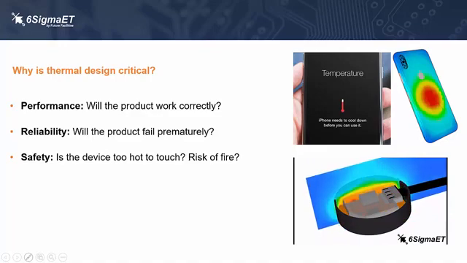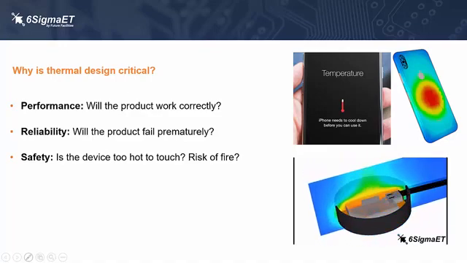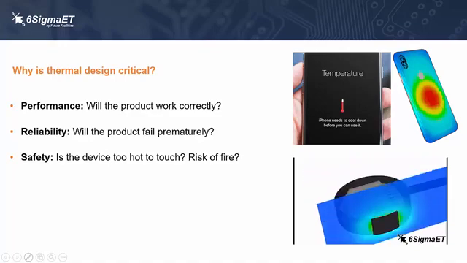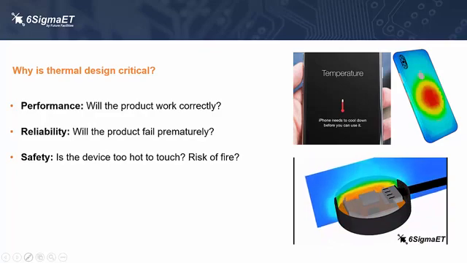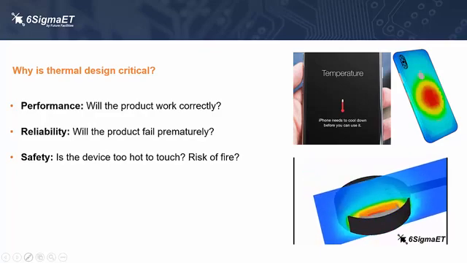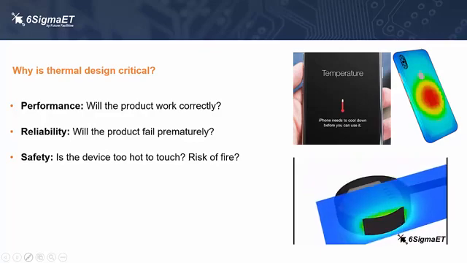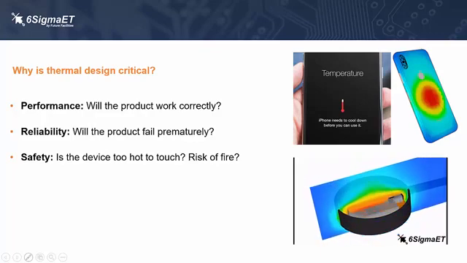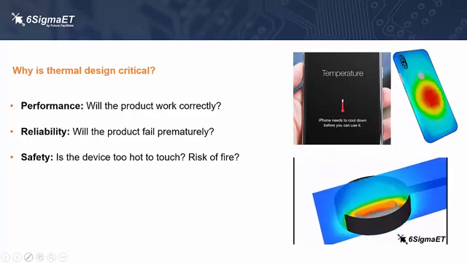So if you consider a mobile phone, for example, it's pointless having a powerful device that can only run at maximum performance for a couple of seconds before the chip has to be throttled. Users would notice this negative impact on performance, and this could have an impact on your brand reputation.